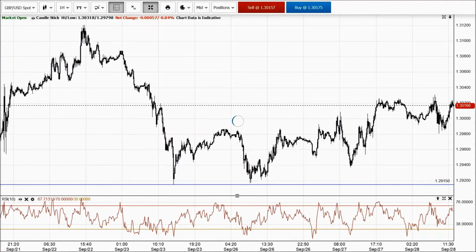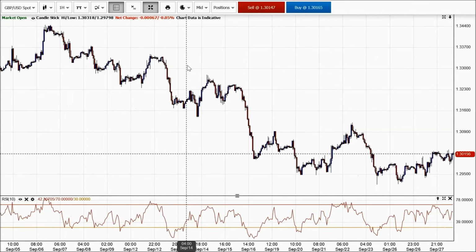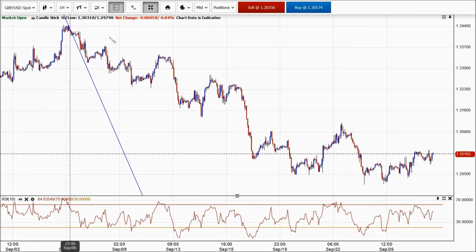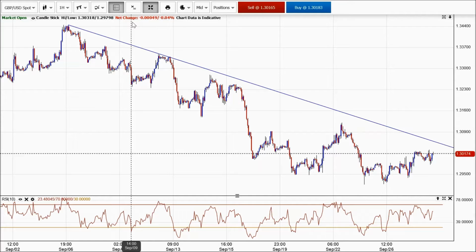But let's just take a step back and look at the bigger picture, because I'd be tempted to argue that those levels we were looking at are fine for shorter term traders. But in the medium term at least, depending on where you draw your trend line as ever, let's say that's a fair enough downtrend, isn't it? Let's say it looks something like that. You could argue that the trend over the last 3 weeks is still down.